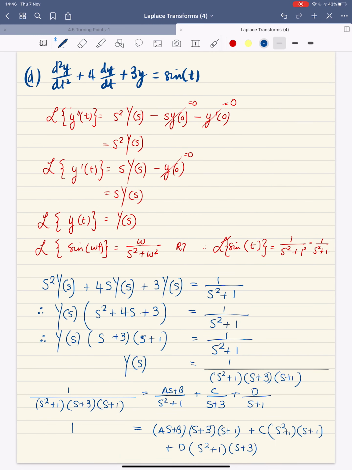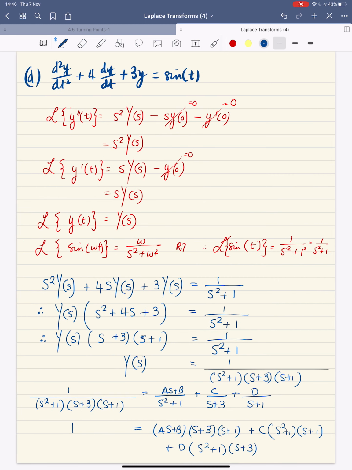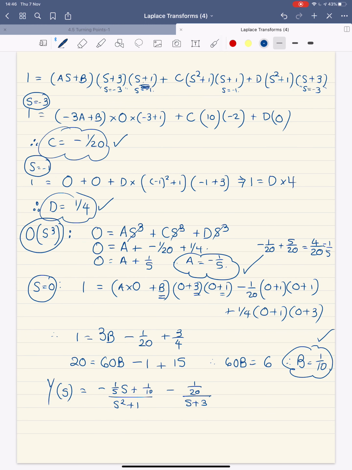The next one is C over s plus 3, and C was minus 1/20, so minus 1/20 over s plus 3. The last one, the D, is over s plus 1, so it's plus 1/4 over s plus 1.